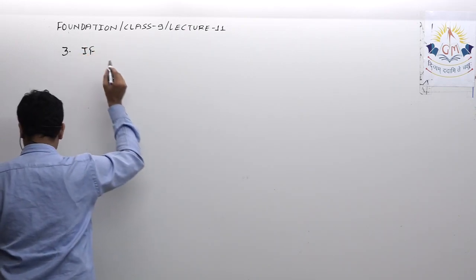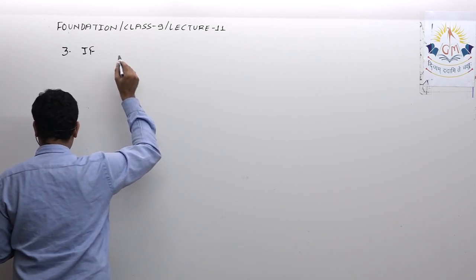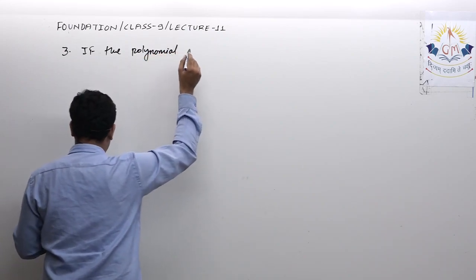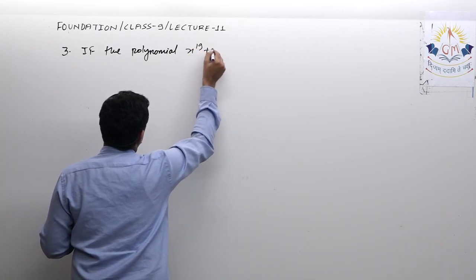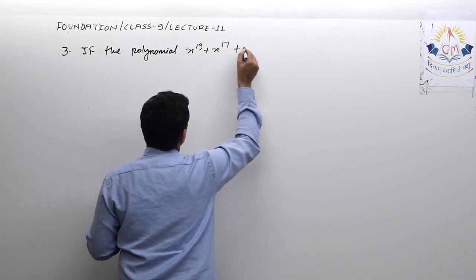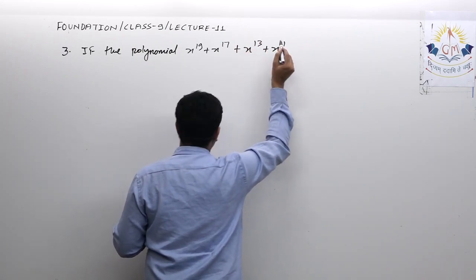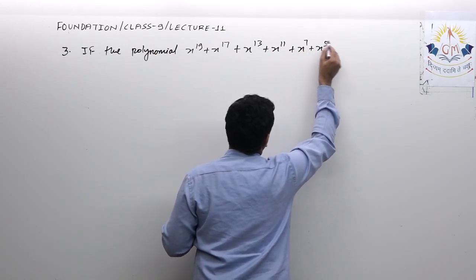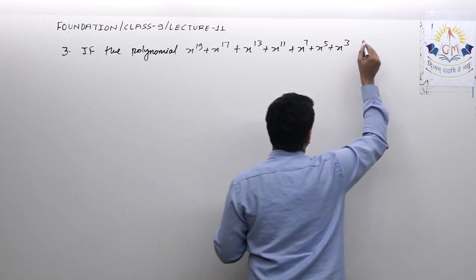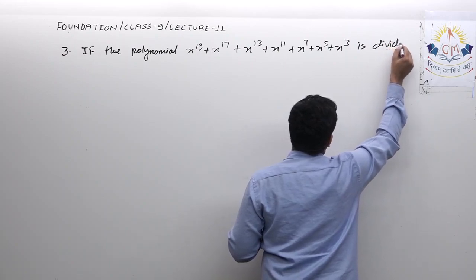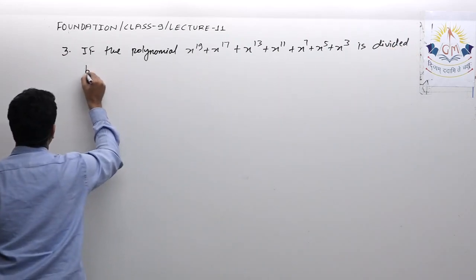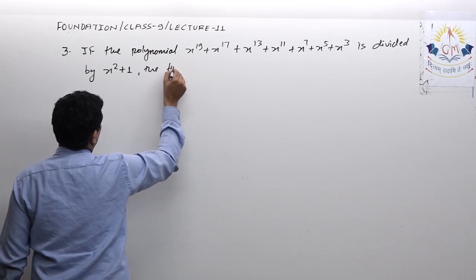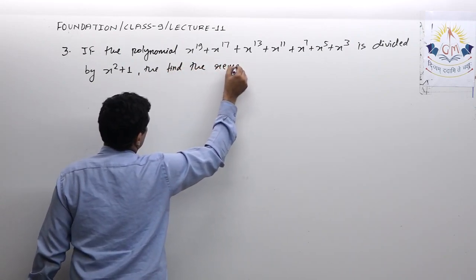If the polynomial x raised to 19 plus x raised to 17 plus x raised to 13 plus x raised to 11 plus x raised to 7 plus x raised to 5 plus x raised to 3 is divided by x square plus 1, then find the remainder.